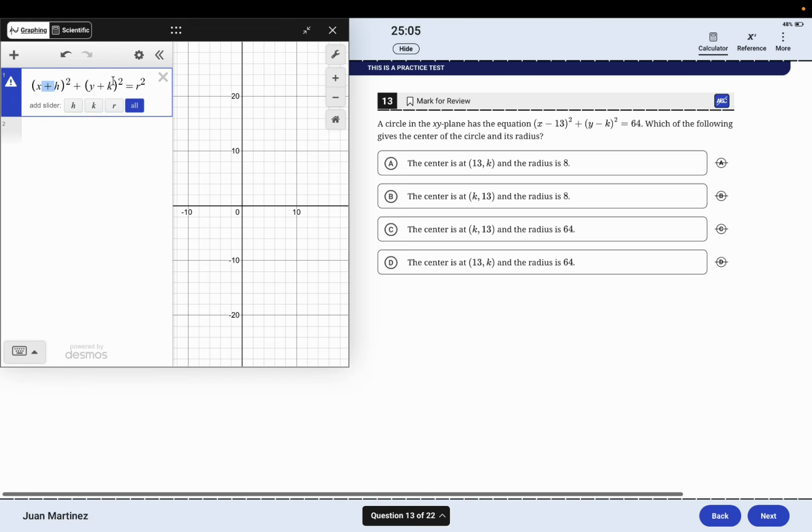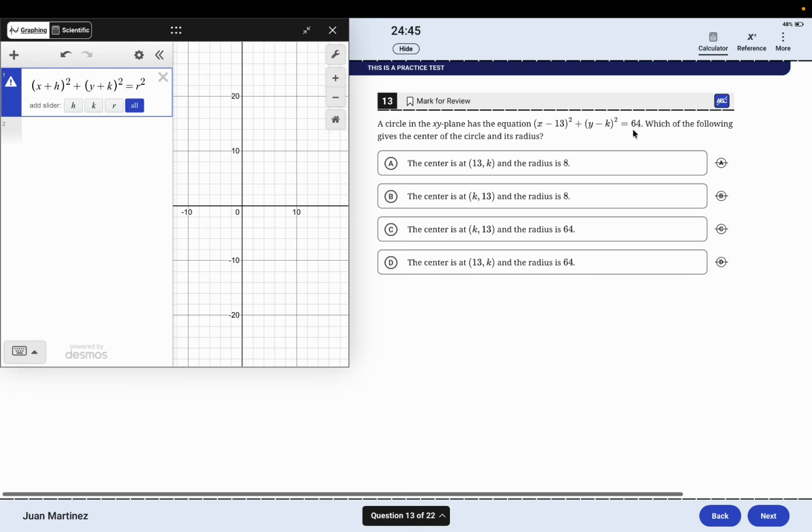Okay, and same goes for y. So like if it was, in this case, -13, our actual x coordinate for the center is +13, if that makes sense. And so what that would mean is our center y coordinate is +k. Okay, so hopefully that makes sense.